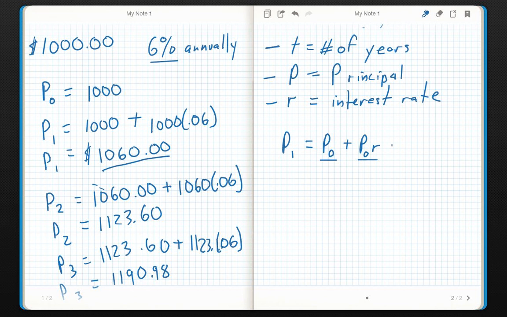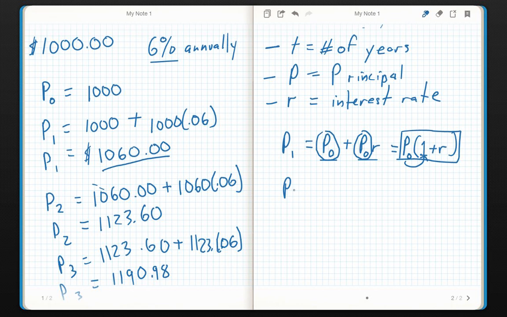Now, if we look at this from an algebraic standpoint, we have P0 in both terms, and we can factor that out as P0 times 1 plus R, since P0 times 1 is P0, and P0 times R is P0R. So we need to remember this: P1 is equal to P0 times 1 plus R.